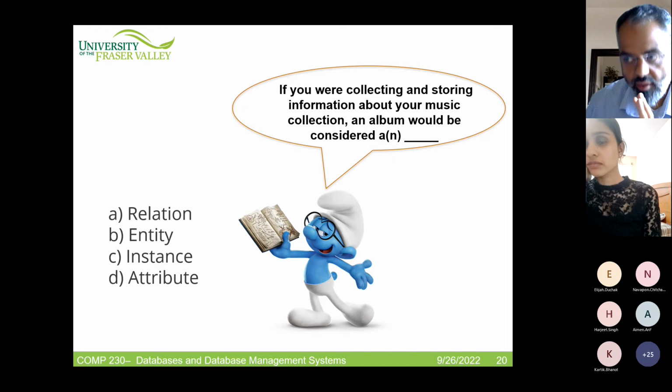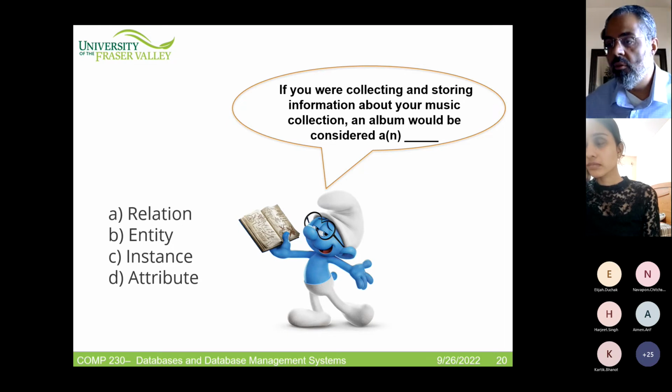There is somehow this terminology. So it can be an entity, instance, or attribute. As I said, if it has its own values that need to be stored or saved, then it has attributes. And if it has attributes, then it is now an entity. An instance is an example of an entity.